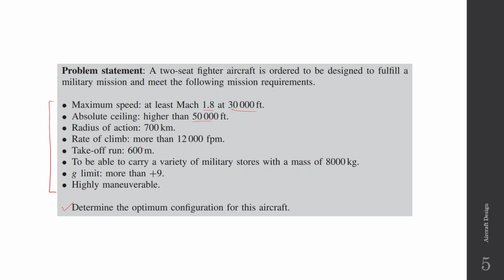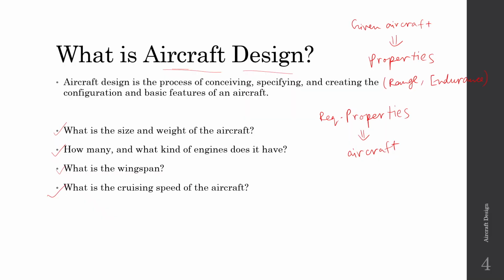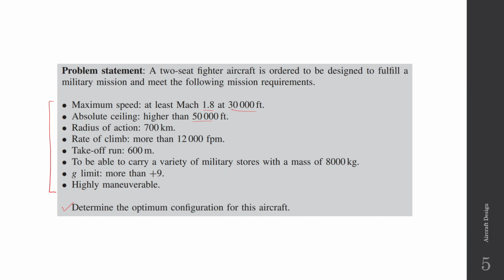Then we have radius of action, rate of climb, and takeoff run. All these properties are given, and we have to answer questions like size, weight, wingspan, and engine. Once we answer all of this, we'll have a basic aircraft configuration which we can then optimize.